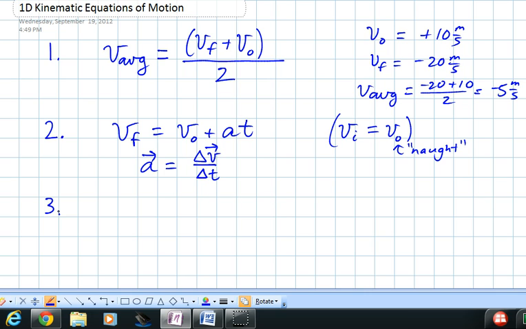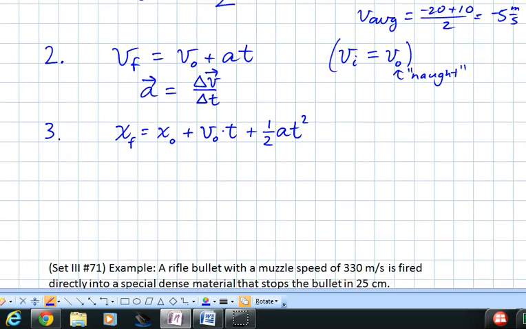The third equation is the so-called distance equation. X final equals X initial plus V initial times T plus 1/2 a T squared. So that's 1/2 acceleration times time squared.